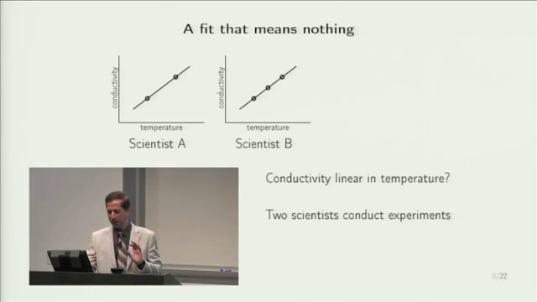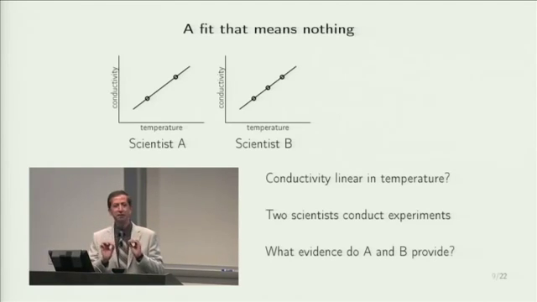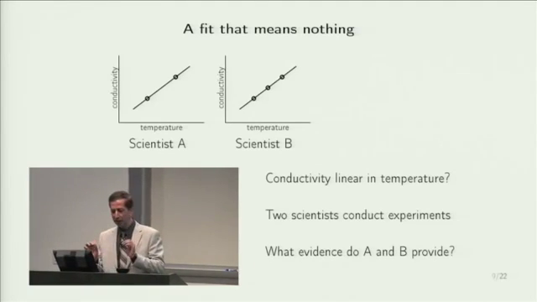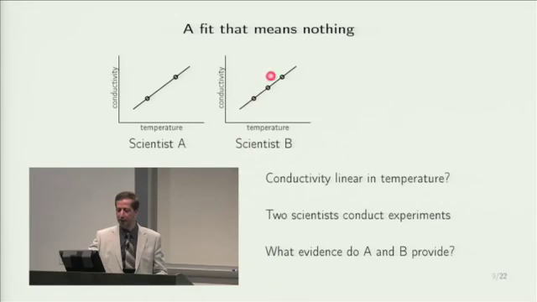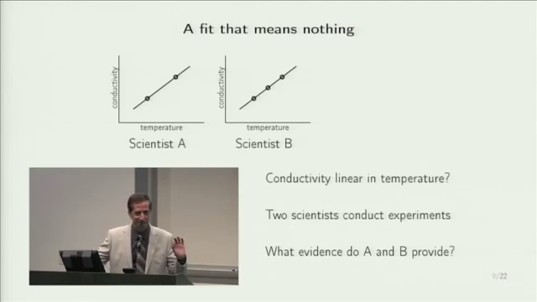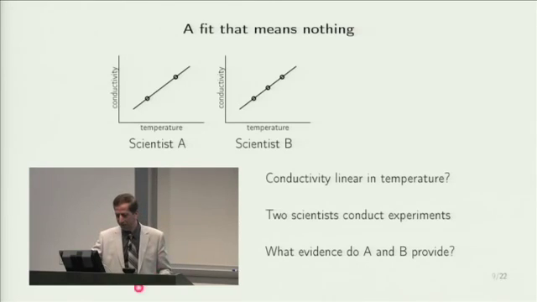I have a very specific question: what evidence do they provide for the hypothesis that conductivity is indeed linear in the temperature? What is clear without thinking too much is that this guy provided more evidence than this guy. The interesting thing is to realize that this guy provided nil, none, nada. Why is that?